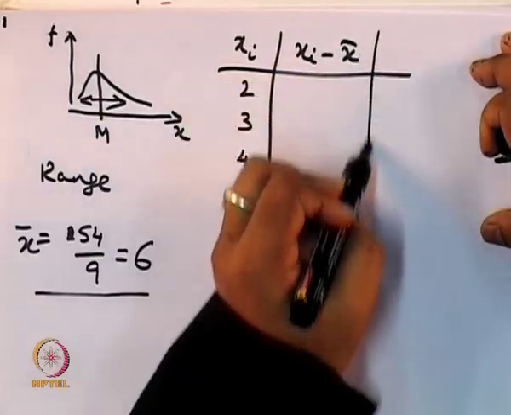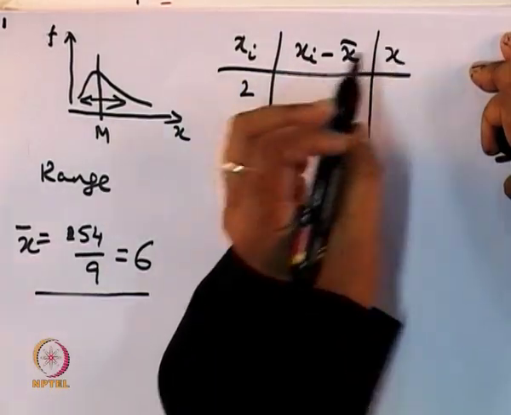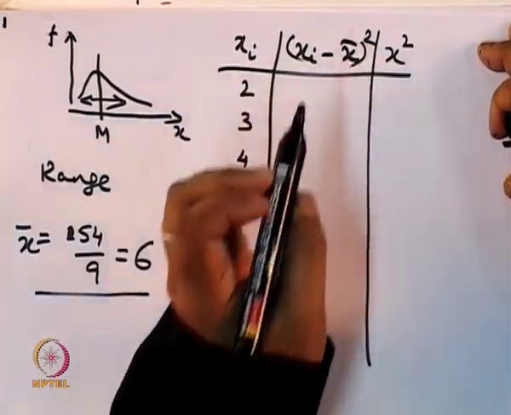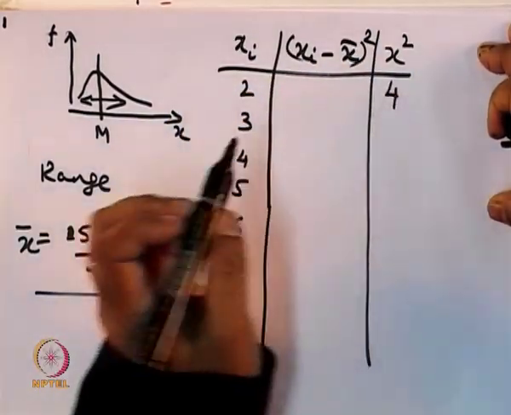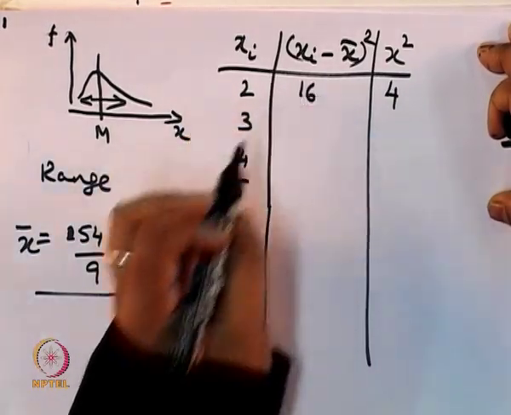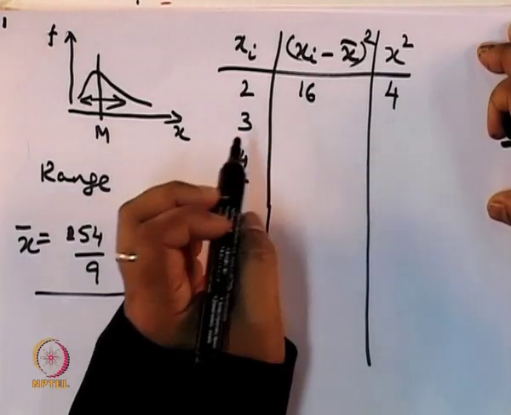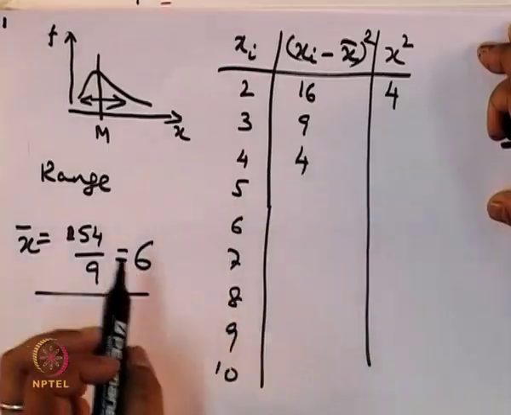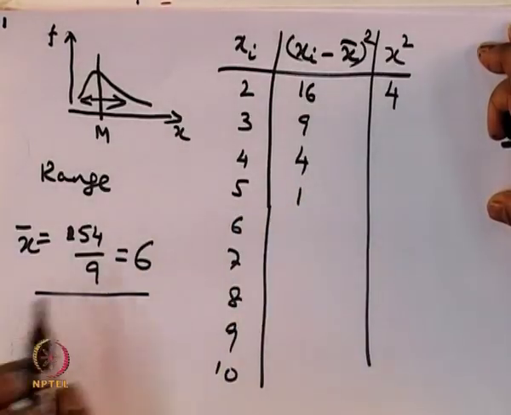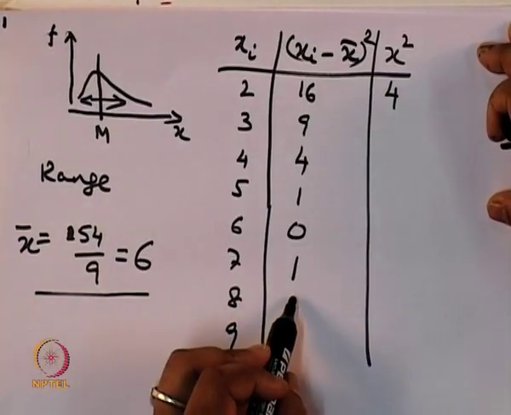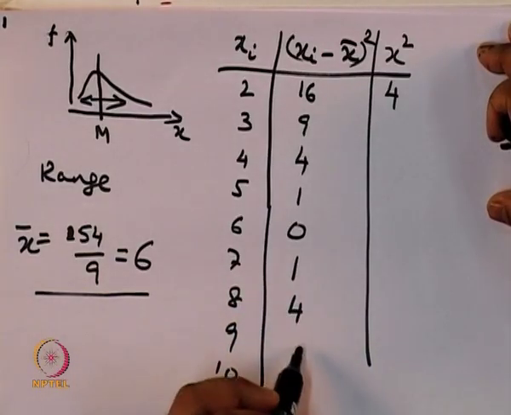So, I will tabulate two terms, x square and xi minus x bar whole square. Okay. So, for xi minus x bar: 2 gives 4 square, which is 16; 3 gives 3 square, which is 9; 4 gives 2 square, which is 4; 5 gives 1 square, which is 1; 6 gives 0; 7 gives me 1; 8 gives me 4; 9 gives me 9; 10 gives me 16.